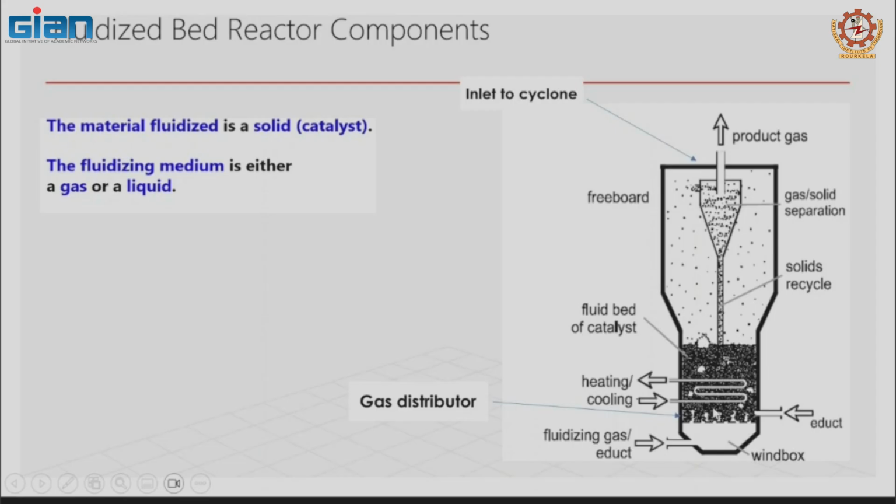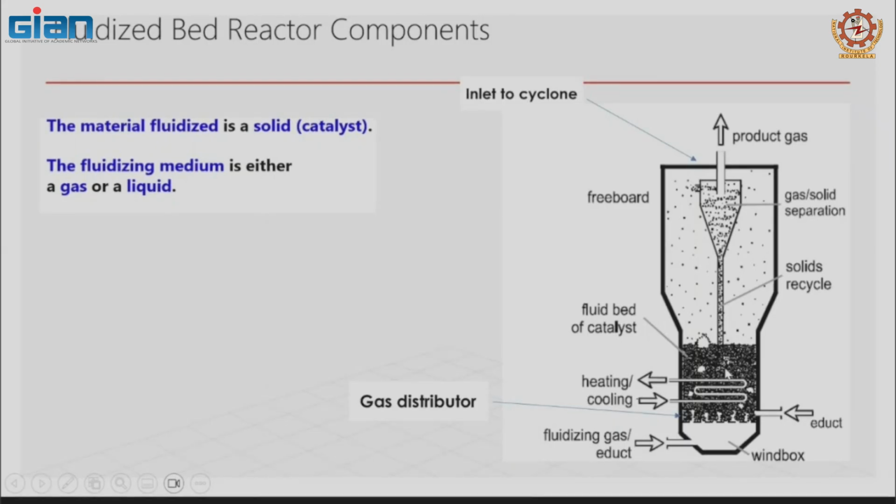If heating or cooling is required, arrangements are to be made accordingly to carry out the reactions. When the fluidizing medium, that is the gas or air, is supplied, sometimes it might be the reacting gas we supply whenever required, but for continuous fluidization some air is to be supplied from the bottom.